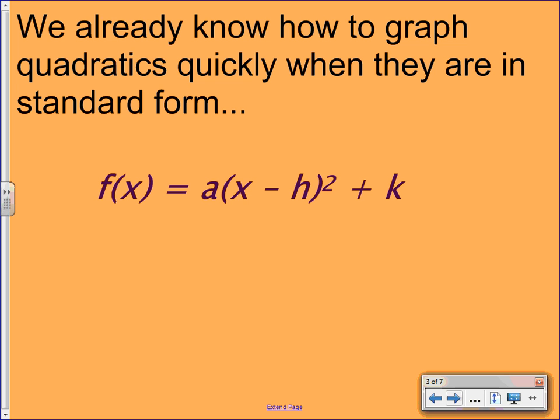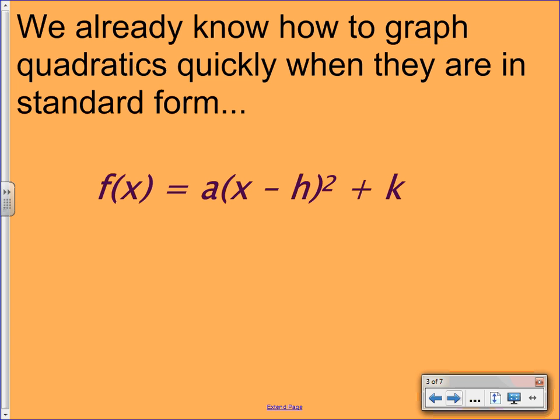Now, we know how to graph quadratics quickly based on our transformations. So like I said before, if we are in standard form, we can easily shift to our vertex H, K and then apply a stretch or shrink if need be. So, if our quadratic is not in this form, we need to get it in this form.